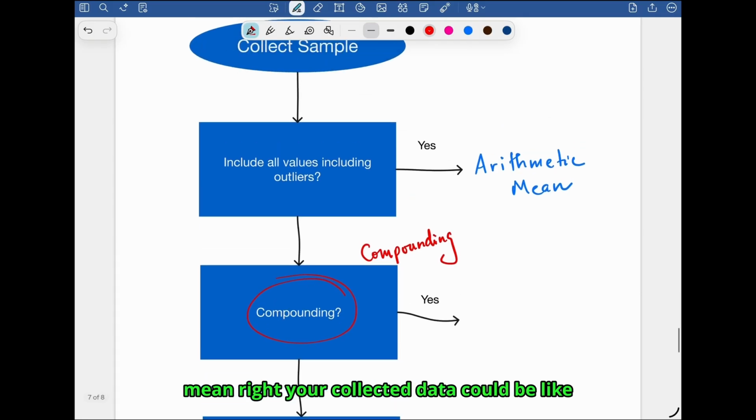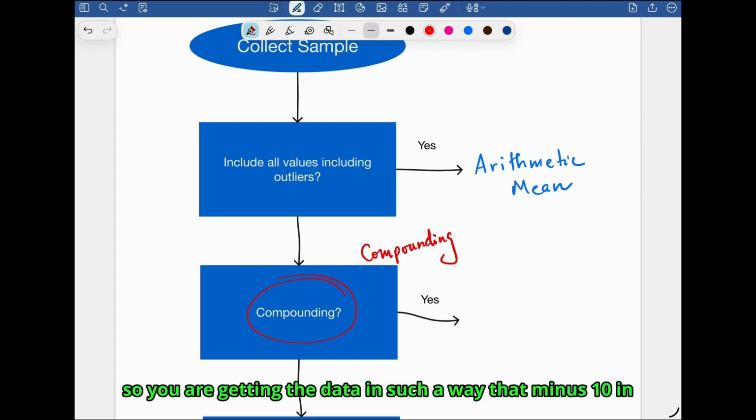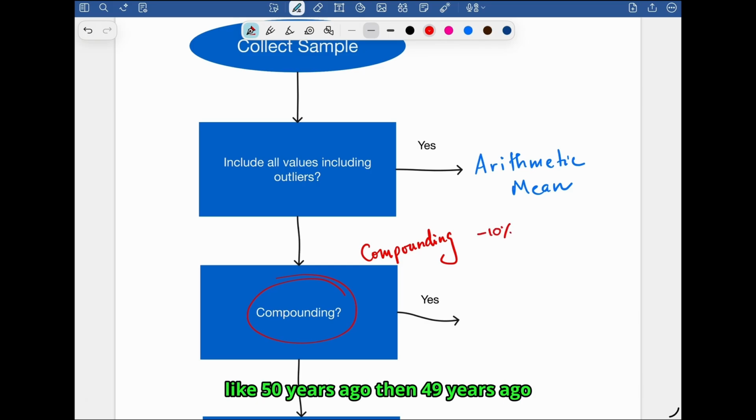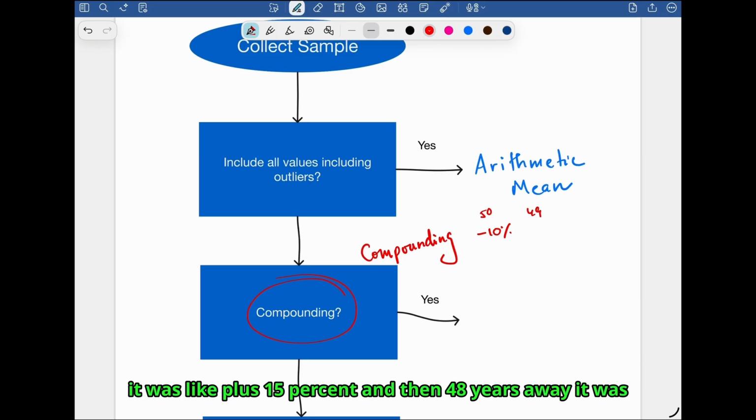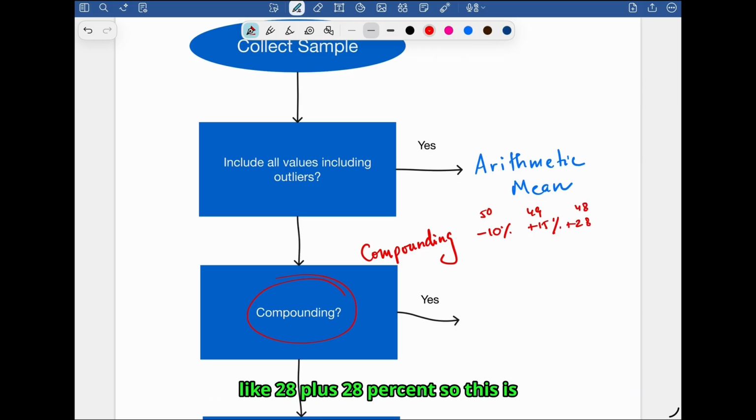Your collected data could be like the past 50 years of returns of the stock market for a particular equity or share, so minus 10% 50 years ago, then 49 years ago plus 15%, and 48 years ago plus 28%.